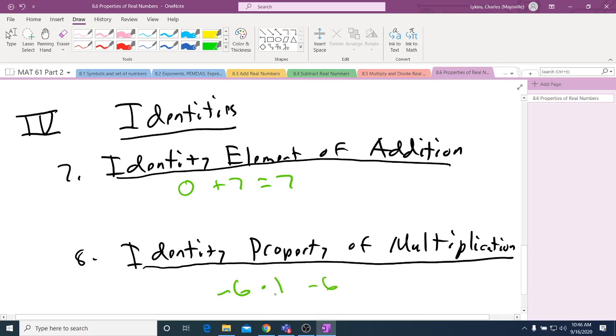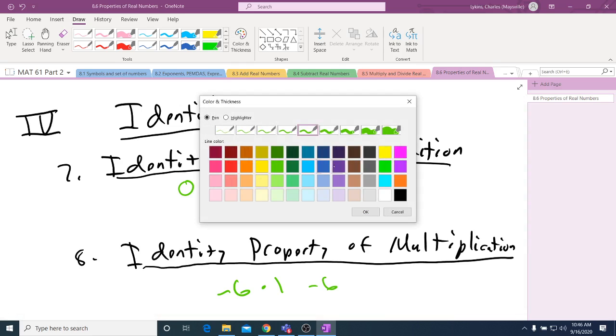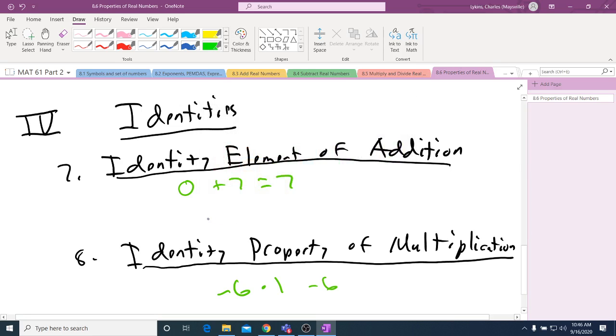Well, it's a positive 1. Same thing with this element of addition. I mean, this could technically be negative 8. Well, that 0, that would be 0 minus 8, still gives you a negative 8.